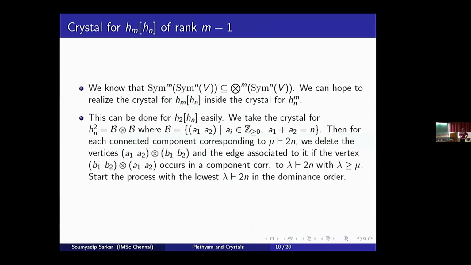Some surgery can be done on the crystal graph of H_n^m, because that is just the tensor product rule for crystals, which is the Littlewood-Richardson rule, already known. So maybe one can do some surgery on the crystal to capture this character, H_m plethysm H_n.